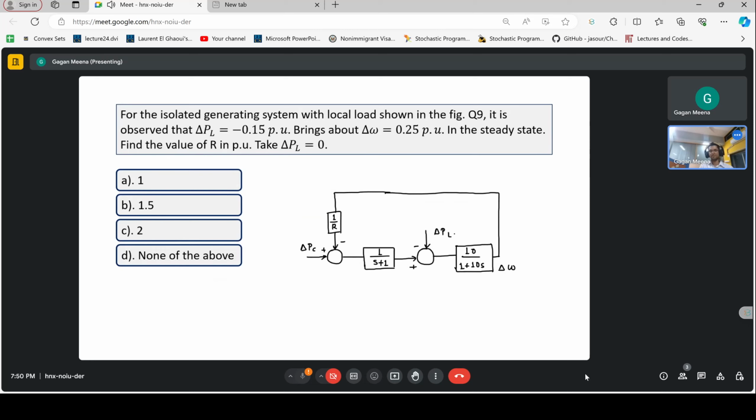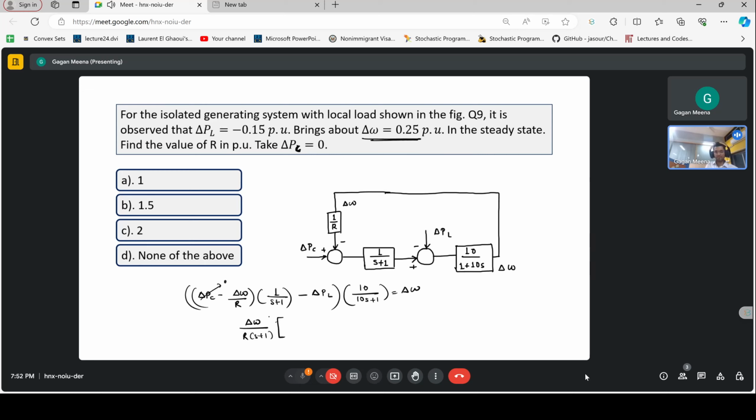This is 0 minus delta omega by R into S plus 1, minus delta PL, multiplied by 10 over 10S plus 1.